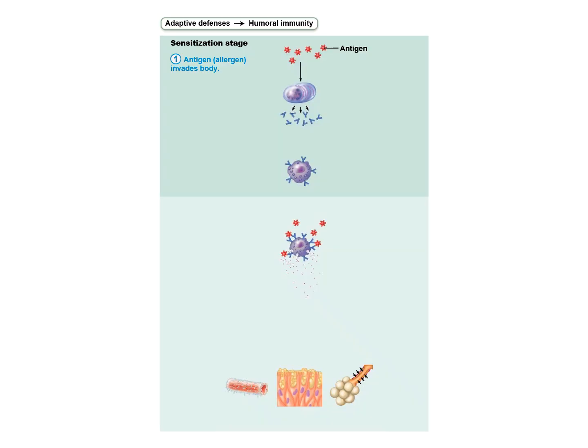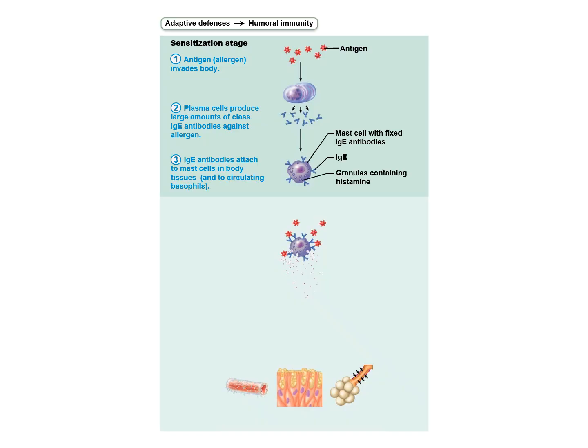So they're just showing you the mechanism of an acute allergy here. So we have the antigen that invades the body. The plasma cells produce a lot of class IgE antibodies against the allergen. The antibodies attach to the mast cells in the body tissue. Then you have a second response. So you have another time when you are exposed to that same allergen. So more of the antigen invades the body.